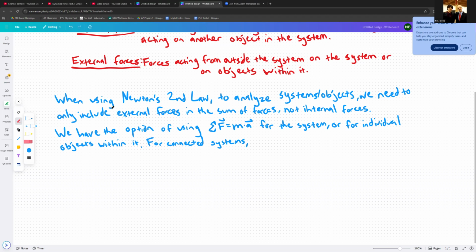The acceleration of a system will be exactly the same value as the accelerations of all objects within it.